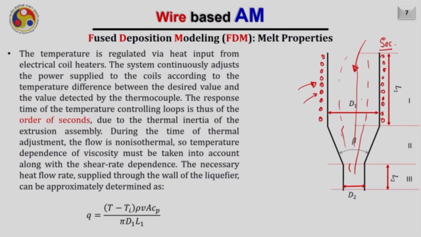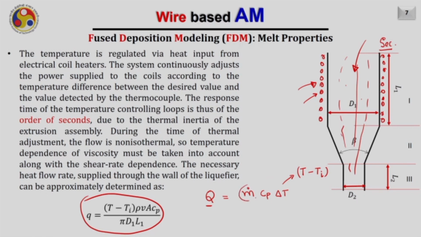The necessary heat flow rate which is supplied through the wall of the liquefier can be approximately determined by this formula. The heat required to increase the temperature by delta T will be equal to the difference between the new temperature and the initial temperature, times the mass flow rate in the liquefier, times the specific heat capacity, Cp.